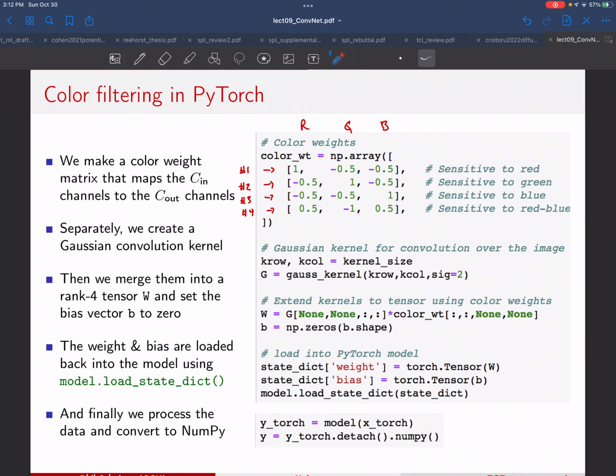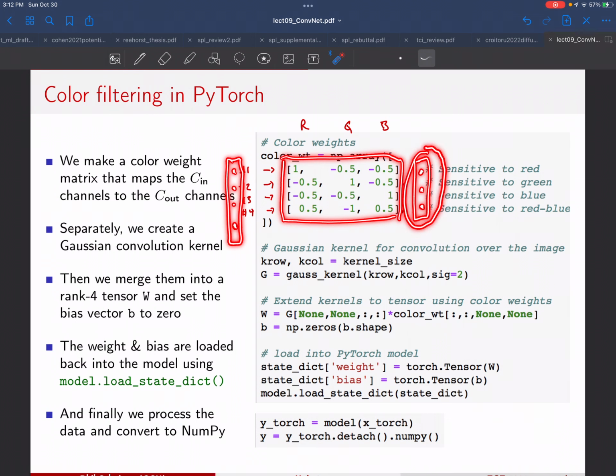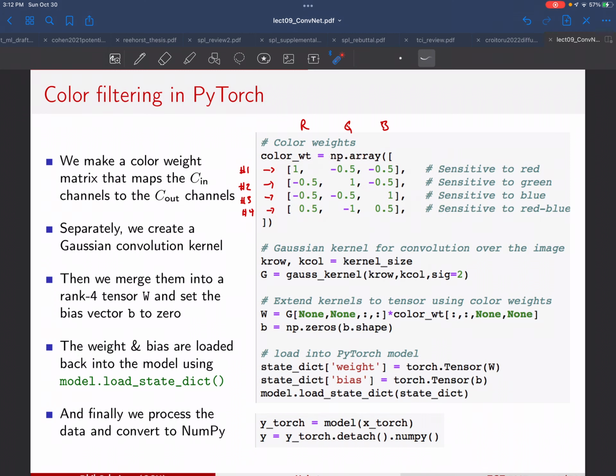Essentially, you could multiply this matrix times a 3x1 vector of red, green, blue in that single pixel, and you would get a 4x1 vector, which would have the strengths of the first, second, third, and fourth filter within those colors within that original pixel.